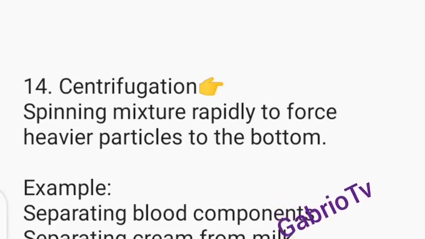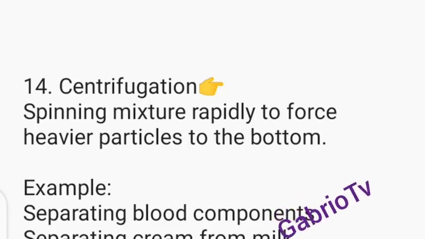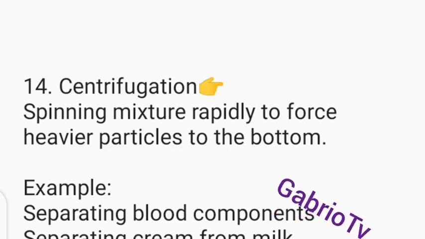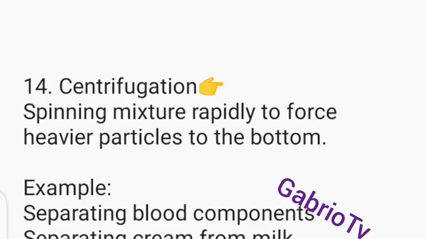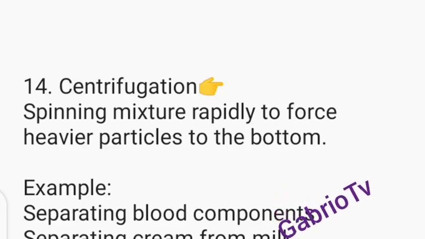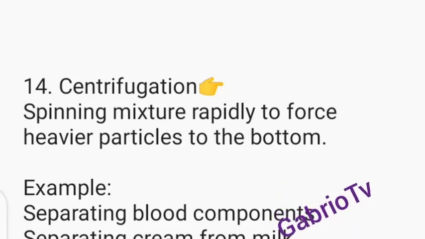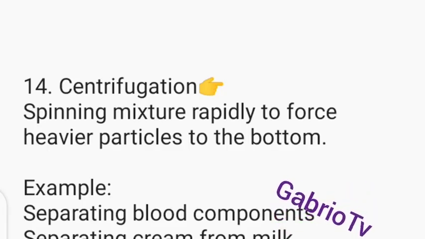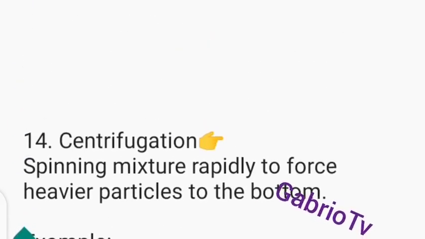When they spin it, the clear solution remains at the top, and the heavier particles stay at the bottom. So that is centrifugation, based on spin. They put them in the centrifuge. The material used for spinning is a centrifuge. Based on the speed, it separates the components into a clear solution at the top and a darker solution at the bottom. So that is about that.